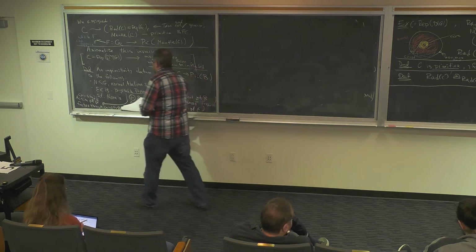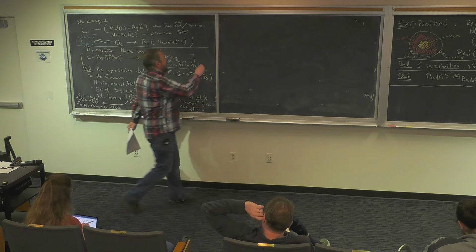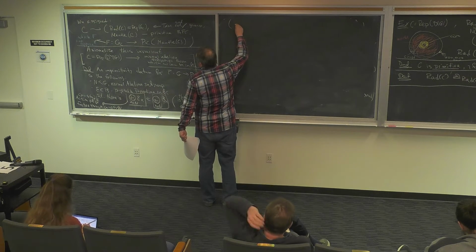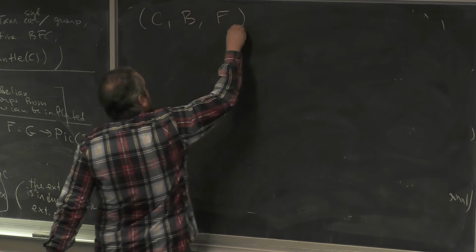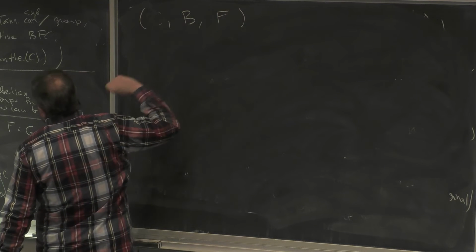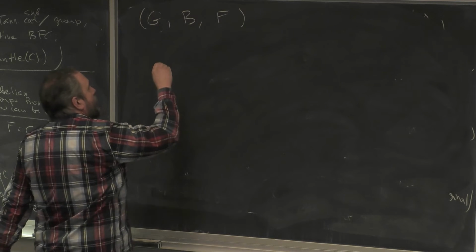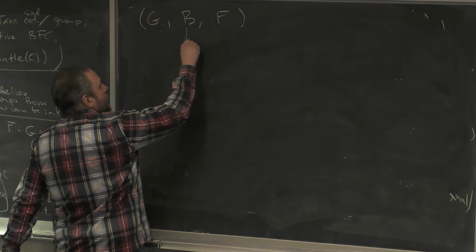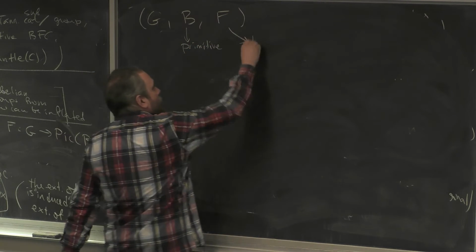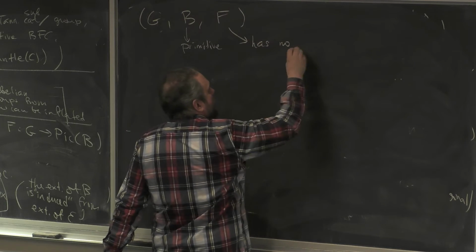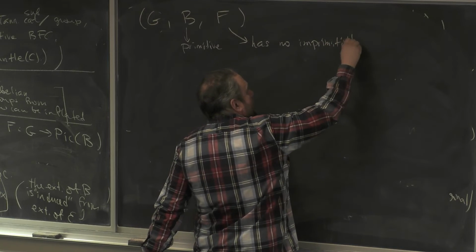The property of C that we are looking for is that we consider triples like C, B, F, where B is primitive and F has no imprimitivity datum.